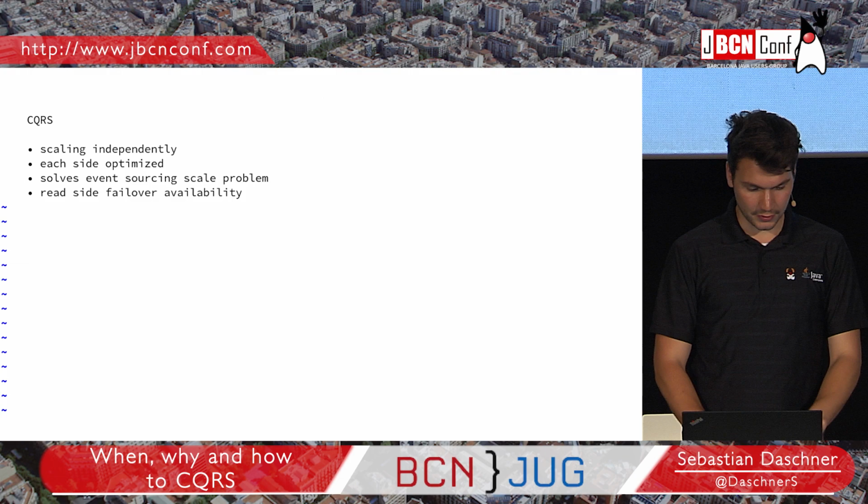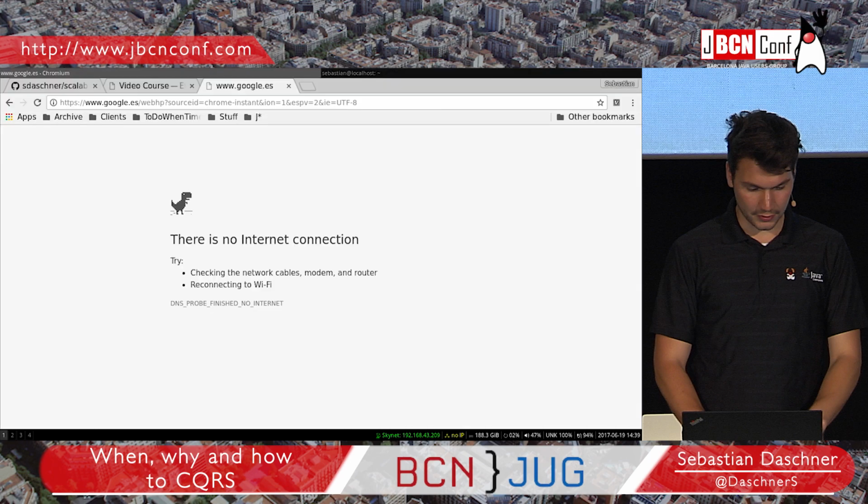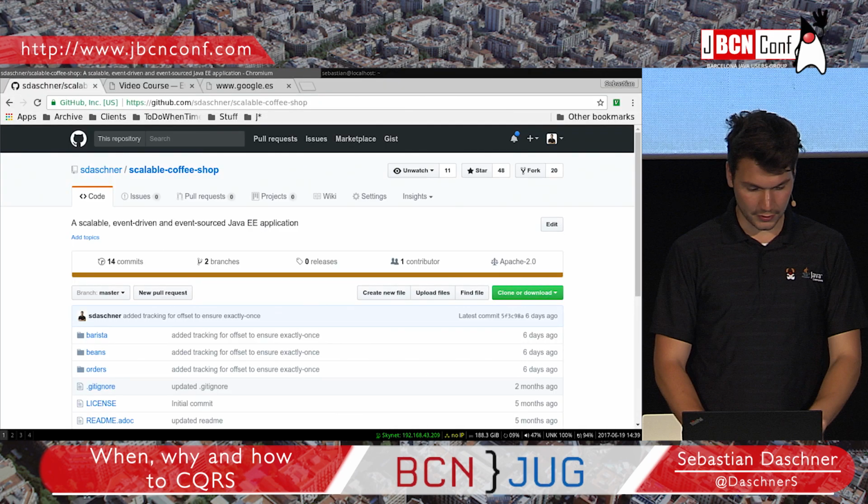So let's finally talk a little bit about code, and have some demo also. To showcase that, I created what you just saw in the example as a so-called scalable coffee shop, consisting of 3 systems: a barista system, beans, and order system.